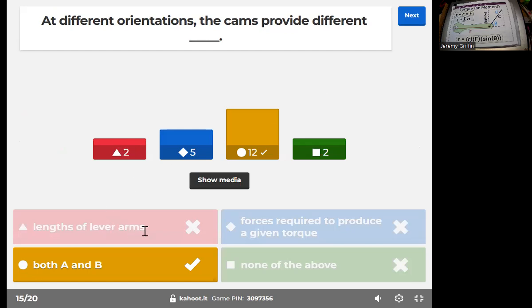Right, so you'd have different lever arms as you're pulling on the one on the right, because sometimes it's closer to the axis of rotation, sometimes further away. And if that's true, if you wanted, say, a constant torque, you'd have to change the force.